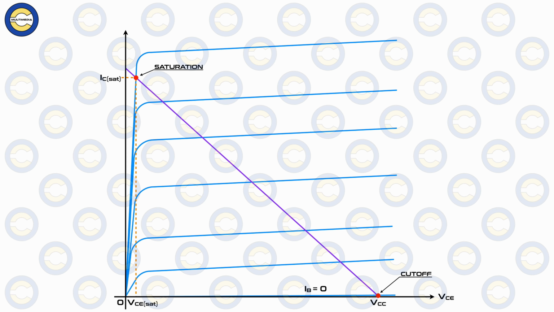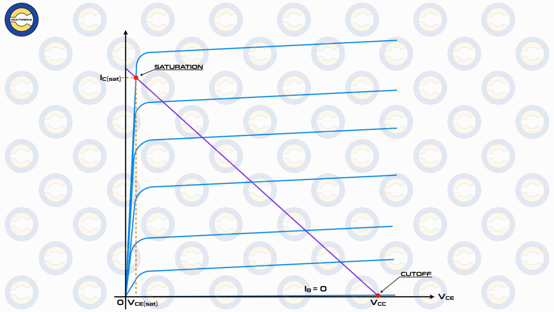However, in the active region, the base current increases gradually and the transistor amplifies. It is within this region of operation that its applicability is in analog circuits. And in the saturation region, the base current is large enough to make the transistor fully on and it behaves like a closed switch. So the collector-emitter voltage drops to minimum.